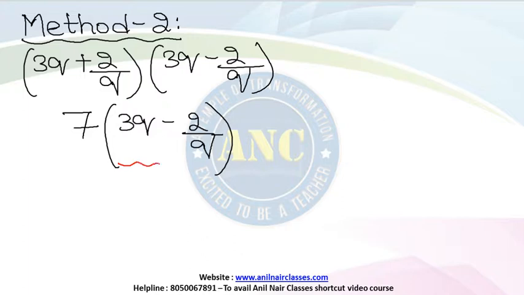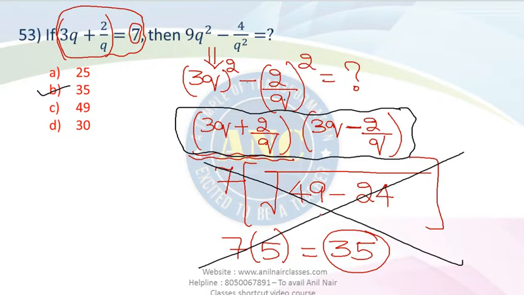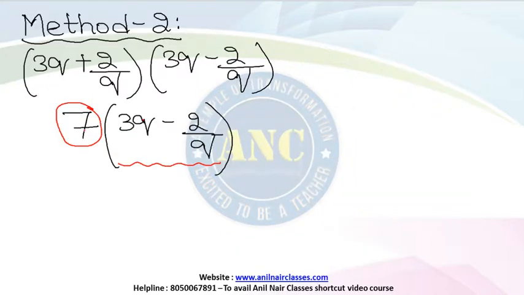You don't need to find this value. Why? Because this is 7. First number is 7. That means the second number you are multiplying by some value. It is 5. We came to know that 3q minus 2 by q is 5 from method 1. I am not saying that we will not come to know that, but I am saying that you don't need to come to know, because 7 multiplied by anything, that means answer should be a multiple of 7.